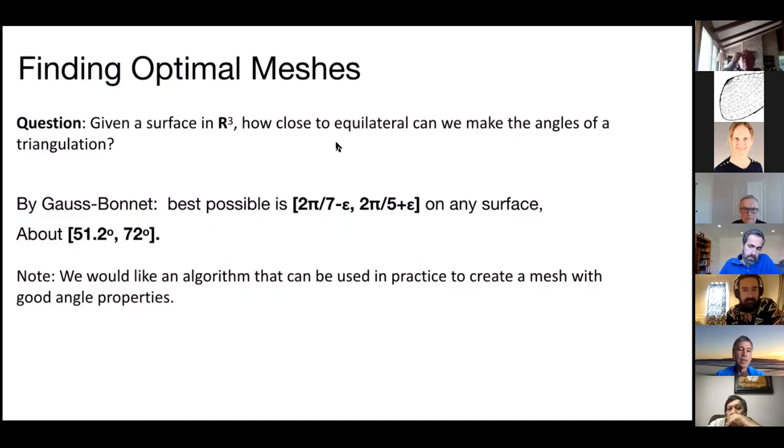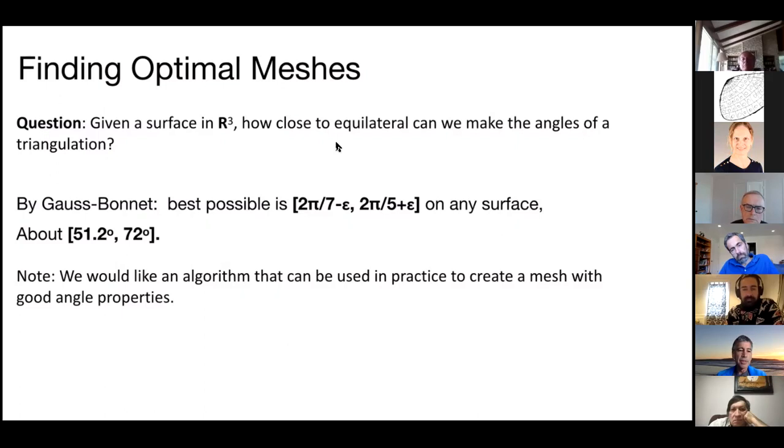So for general surfaces, you'll have at least one valence 5 or valence 7 vertex, depending on the Euler characteristic. By Gauss-Bonnet, the best you can do is get something a little worse than 2 pi over 7 to 2 pi over 5. That would be the best you could possibly do in a triangulation.